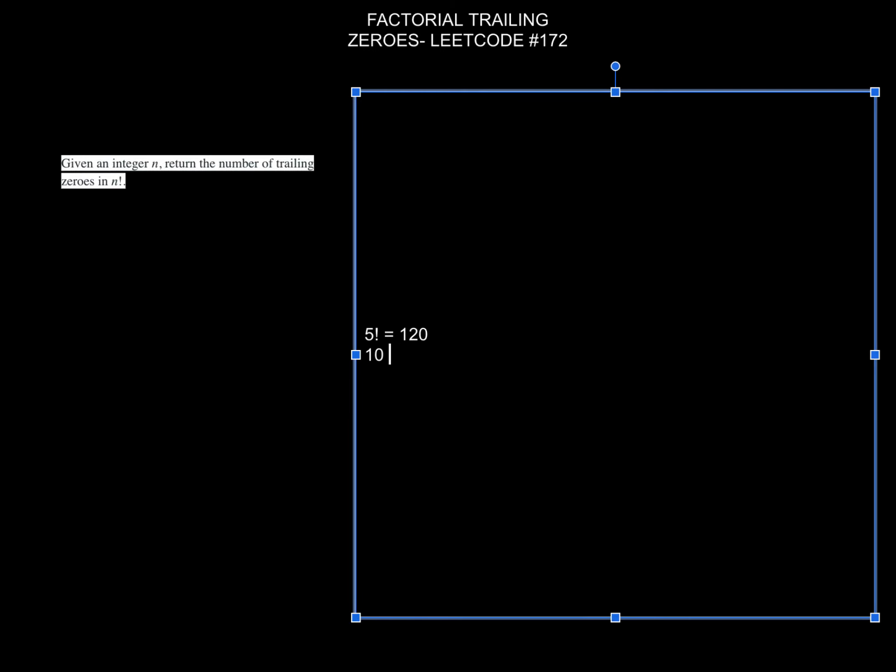So now that we understand that we need to multiply a given number by 10 to have trailing zeros, how do we count them? We could count these zeros by using a little trick where we divide whatever number is given.